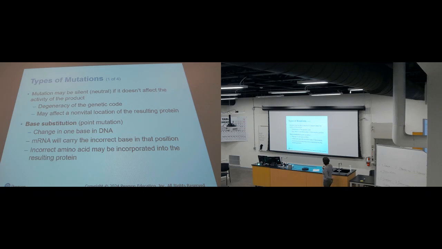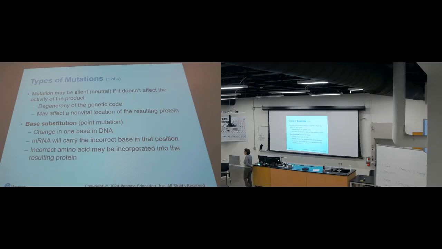The types of mutations that we can have: it can be a single base pair change. In this case, you can call it a point mutation. Then the messenger RNA will carry this incorrect base, and it will be read by the transfer RNA.